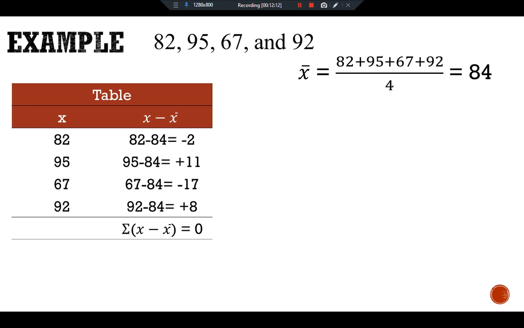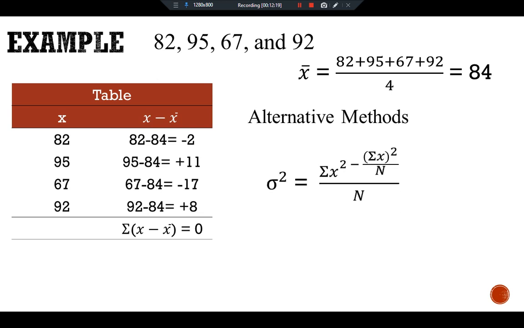For this purpose we can use the shortcut or alternative method, that is sigma square is equal to summation x square minus (summation x) whole square divided by n, all divided by n. This is our population variance, and for the sample we have s square is equal to summation x square minus (summation x) whole square divided by n, all divided by n minus 1.